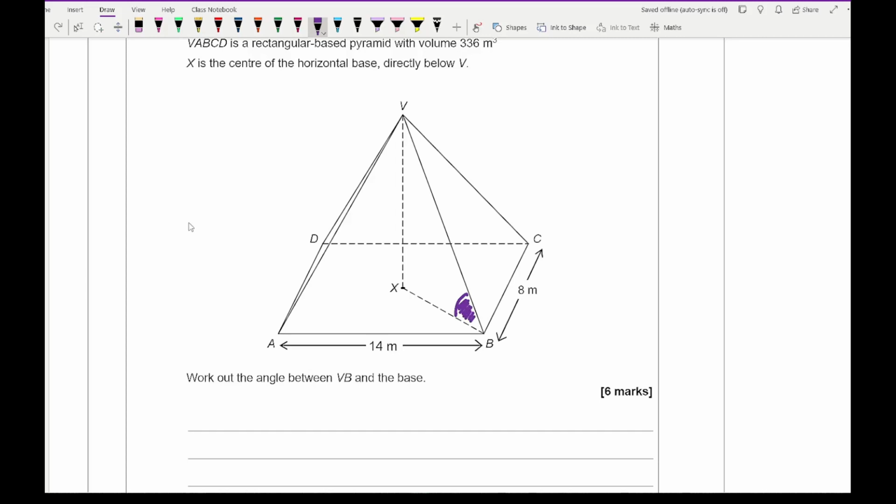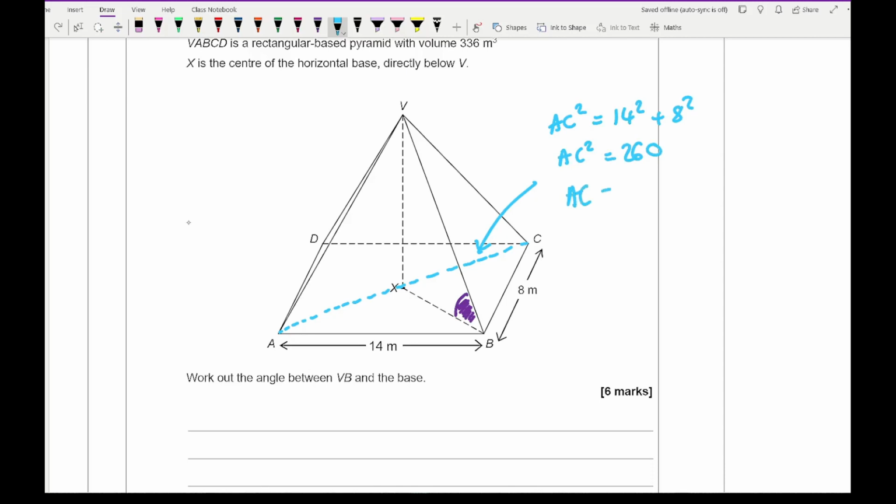Now for this, what I need to do first is work out what some of these lengths are going to be. So first things first, because I know that this is going to be a 3D problem, I need to work out what that blue line there is. So AC squared is going to be 14 squared plus 8 squared. So AC squared is going to be 260.